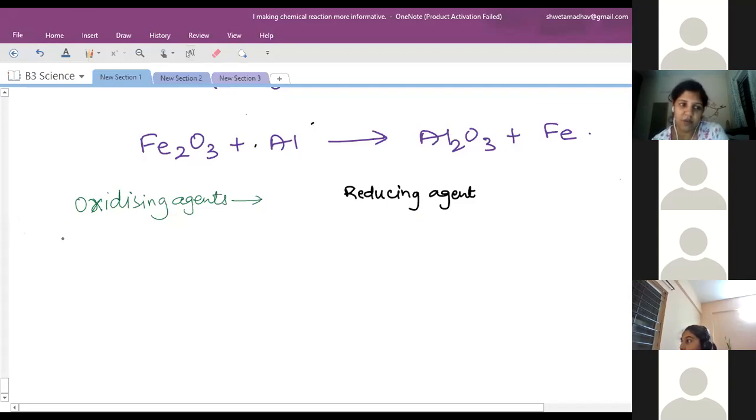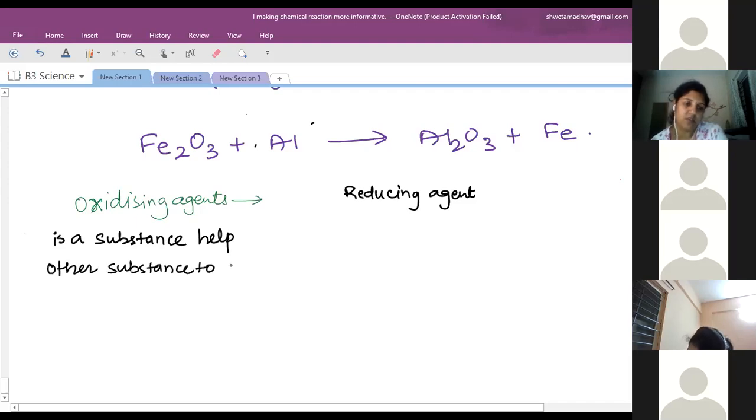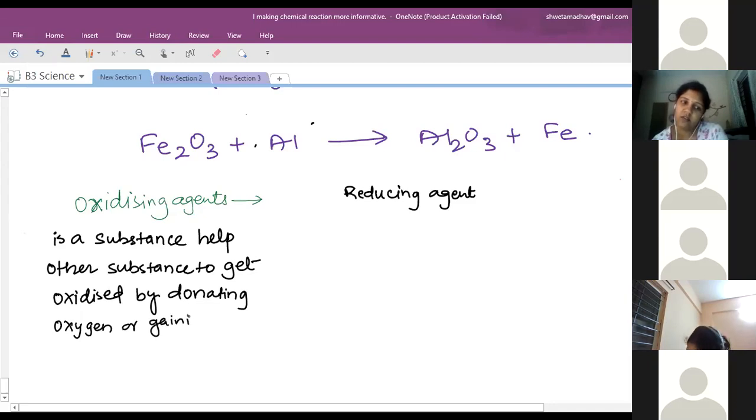Oxidizing agent is a substance which helps another substance to get oxidized, by donating oxygen or gaining hydrogen from that substance.